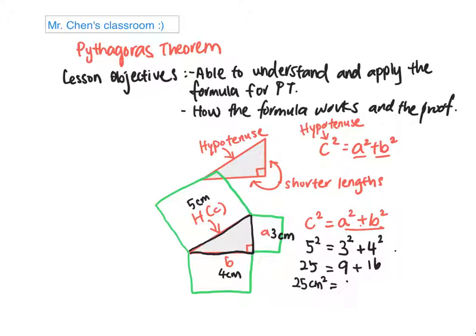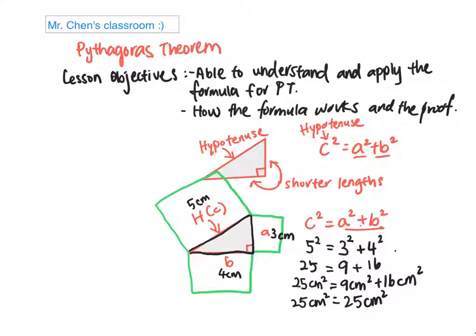And the other side is 9 centimeters squared plus 16 centimeters squared. Do they both add up to the square of the hypotenuse? The answer is yes. Both of them add up to be the same.